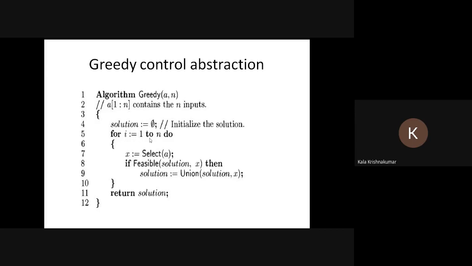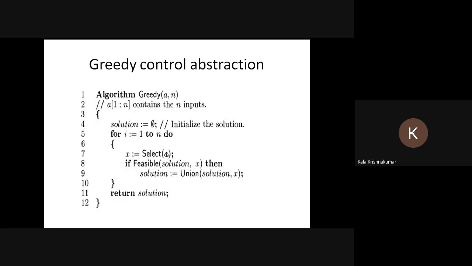Then for i equal to 1 to n, do: for each input, we set x equal to Select(A). We select one input, and we need to define how to select based on some selection procedure.